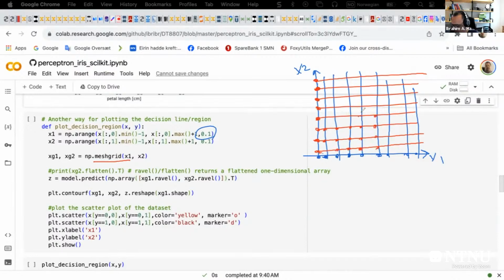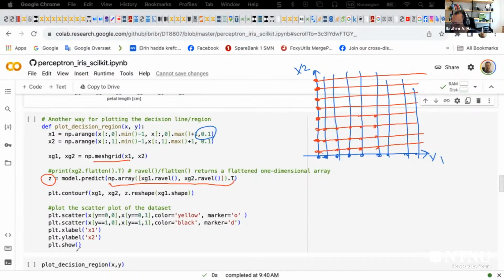So what will happen is that I have my model, correct? So I will send those points to my model to predict their classes. I will send the whole set of points, xg1 and xg2, to my model as an input to predict Z. Once you have Z, you can use a contour plot for plotting xg1 against xg2 against Z, for example.